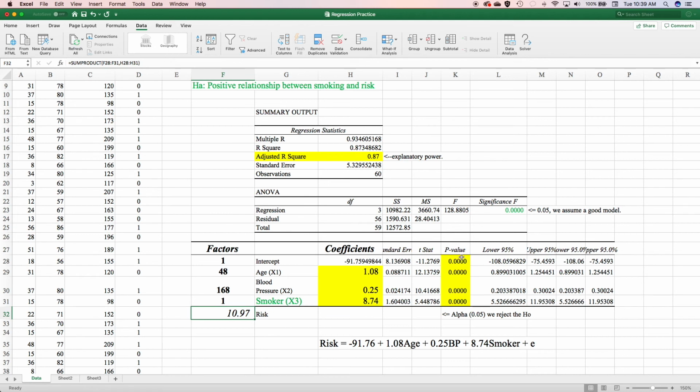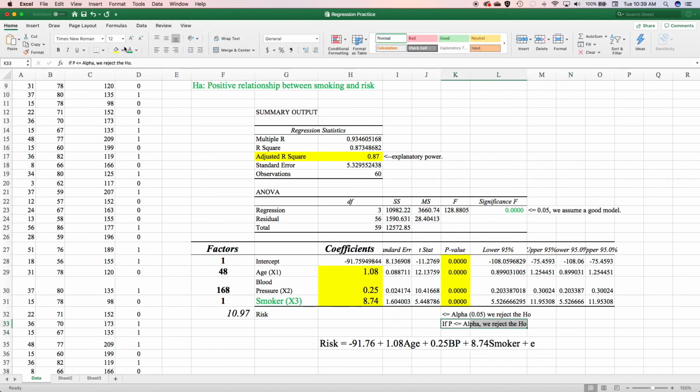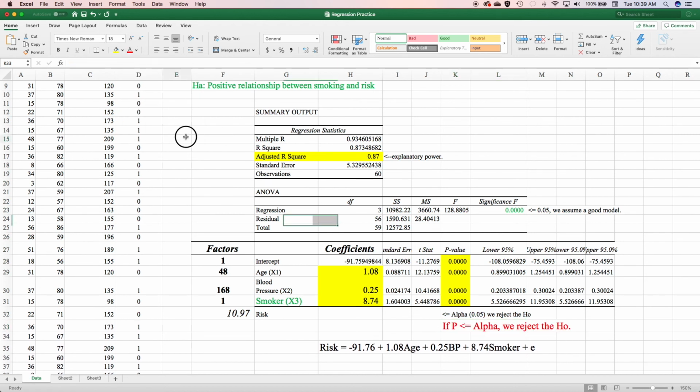And then we look at each individual piece by evaluating the p-value. And if p is less than alpha, we reject the null hypothesis.